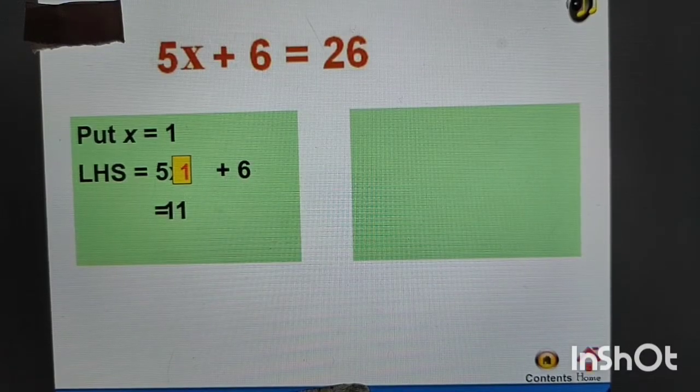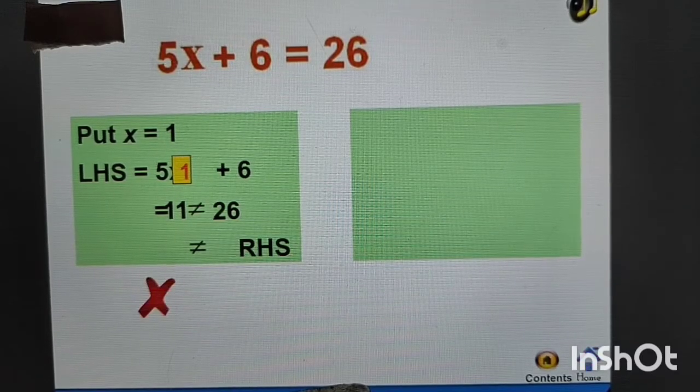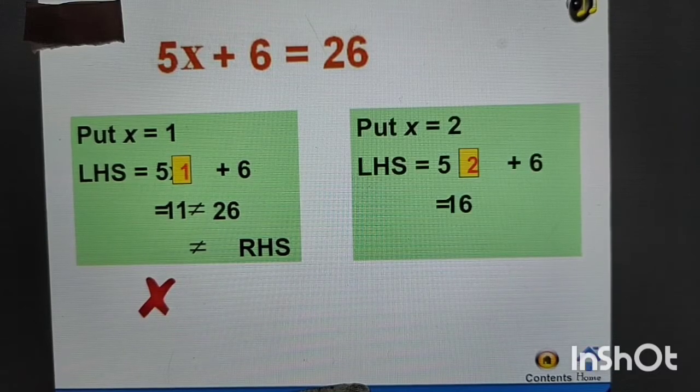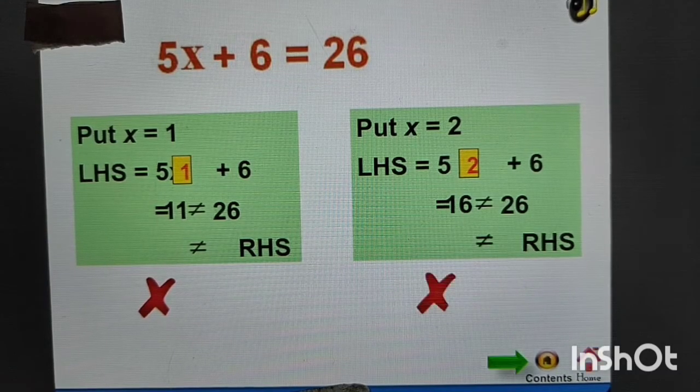On putting x is equal to 1 in the equation, we find the left hand side is not equal to the right hand side, so the equation is not satisfied for x is equal to 1. Also, on putting x is equal to 2 the equation is not satisfied.